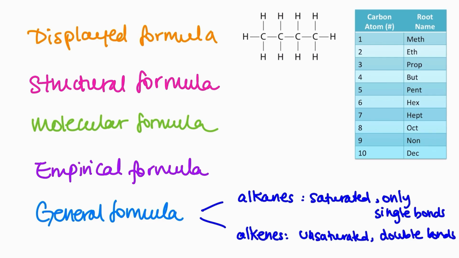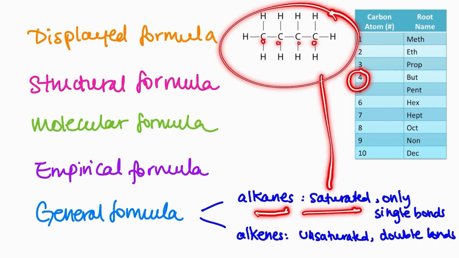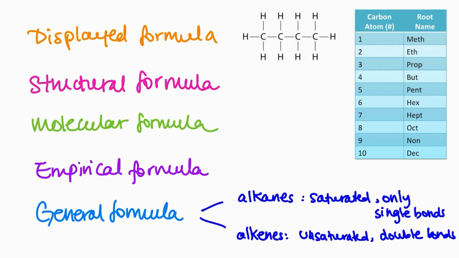And of course, if it is all single bonds here, then it's saturated. And therefore, it is something ane. And since it's 4 carbons, 1, 2, 3, 4, it will be butane. So this is actually butane. Okay, so that is the displayed formula of butane.